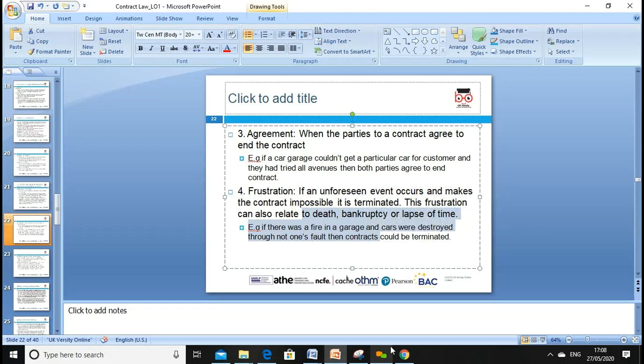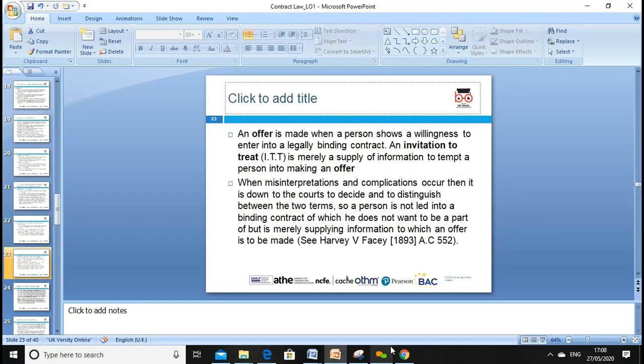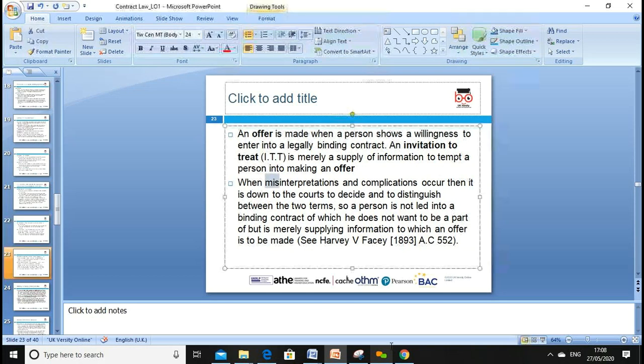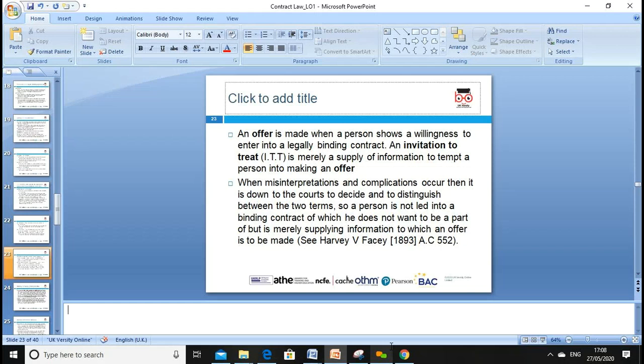Anybody any question here? We all okay? So we need to go through all these: the invitation to treat, offer, acceptance, and legality of contract. Misrepresentation can also cancel a contract. What is meant by misrepresentation?